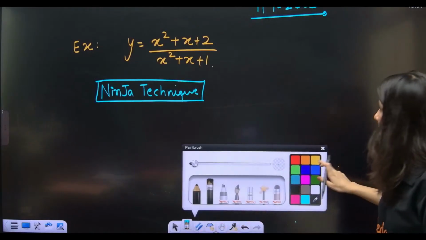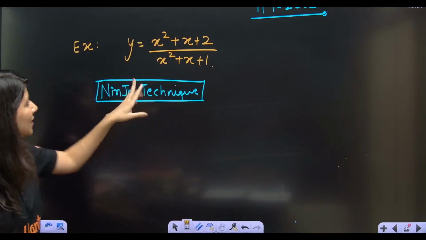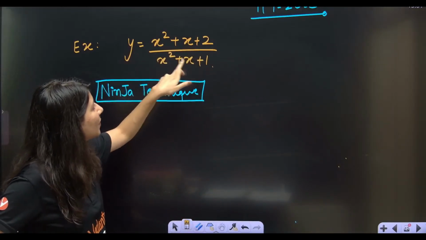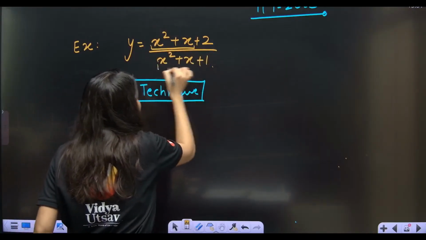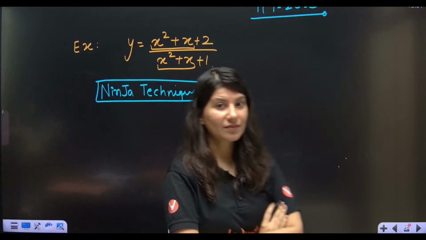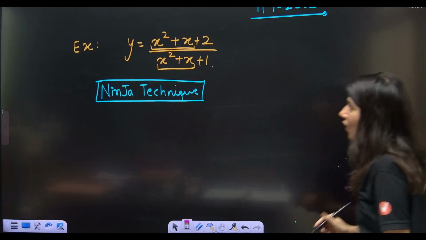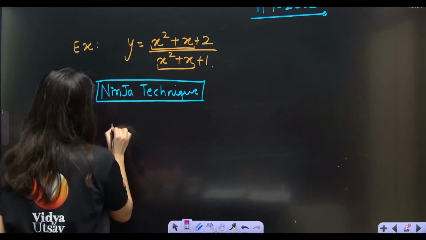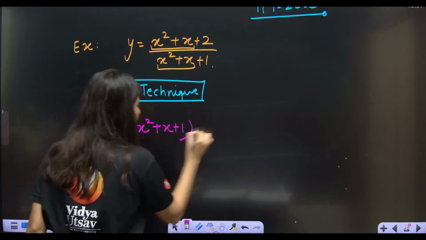But over here, why am I applying it? Because x square plus x plus 2 and x square plus x plus 1, numerator and denominator have something in common, and we'll take advantage of that in this particular question. All right, so y equals, how will you do that? y equals x square plus x plus 1 plus 1.